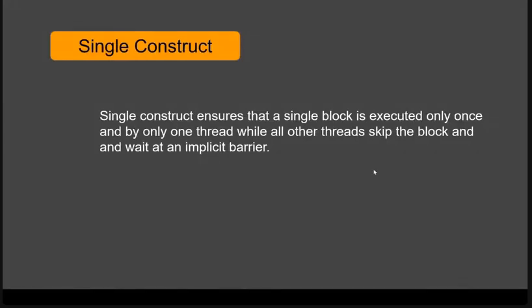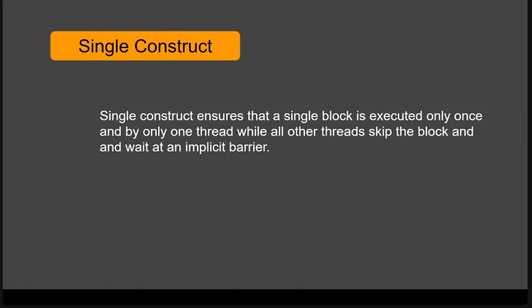Okay, so a single construct, what does it mean? The single construct ensures that a single block is executed by only one thread. What I mean by that is, when I write the pragma omp parallel, multiple threads are created by it.